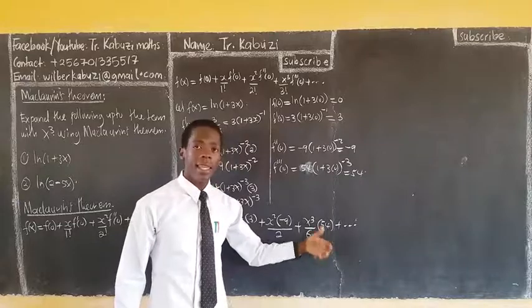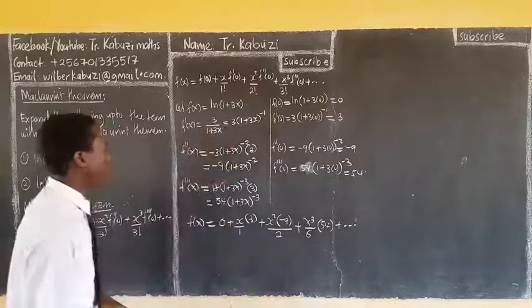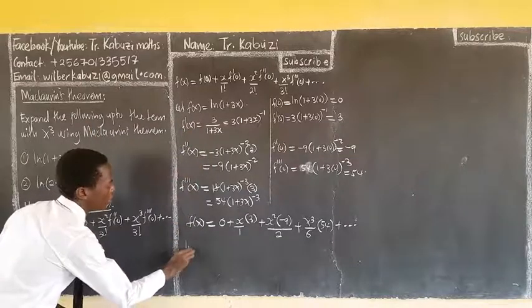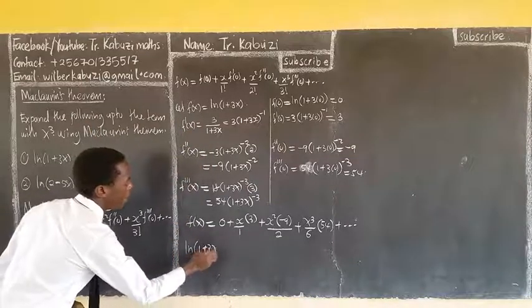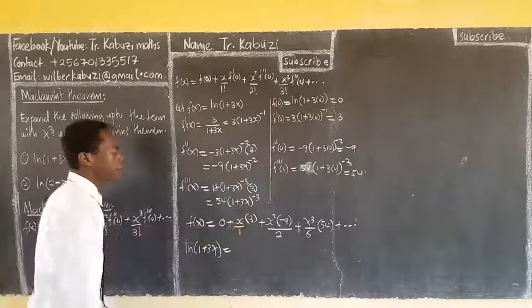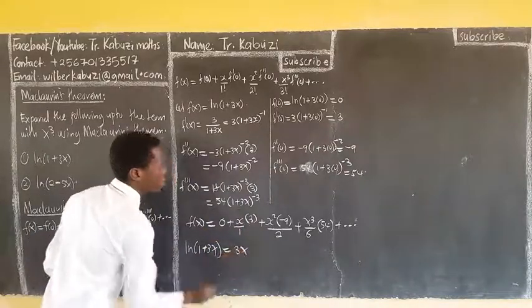You just ended here. So from there, now our f of x, natural log of 1 plus 3x, equals 0 plus 3x.